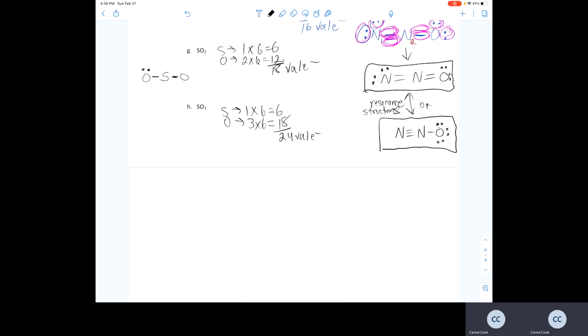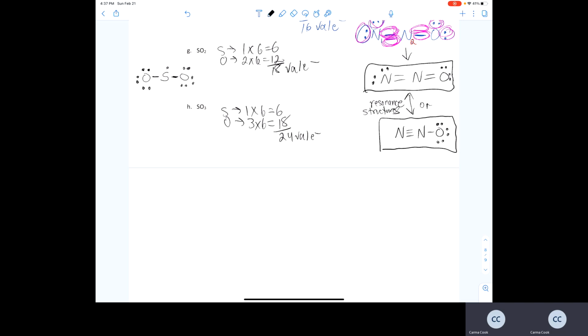So put in another 14. So 2, 4, 6, 8, 10, 12, and then the last pair will go on top of the central sulfur. So the 2 oxygens are happy, but the sulfur is not happy because it only has 2, 4, 6 electrons around it. So again, we follow our rule.